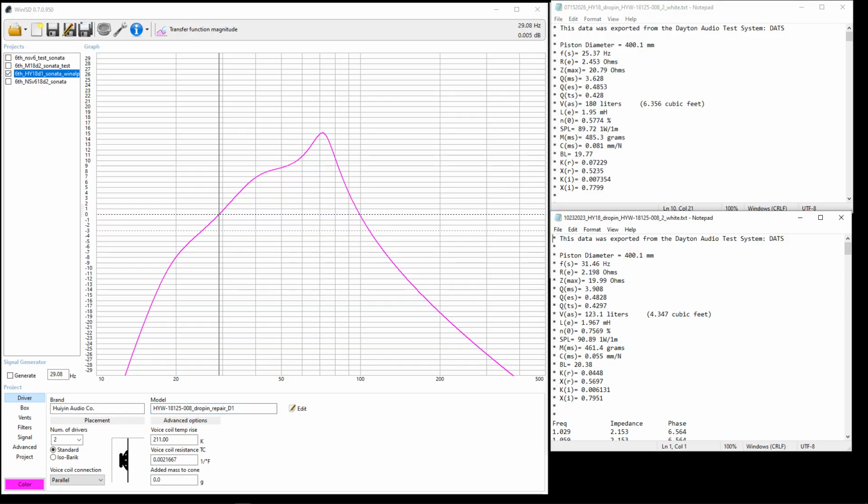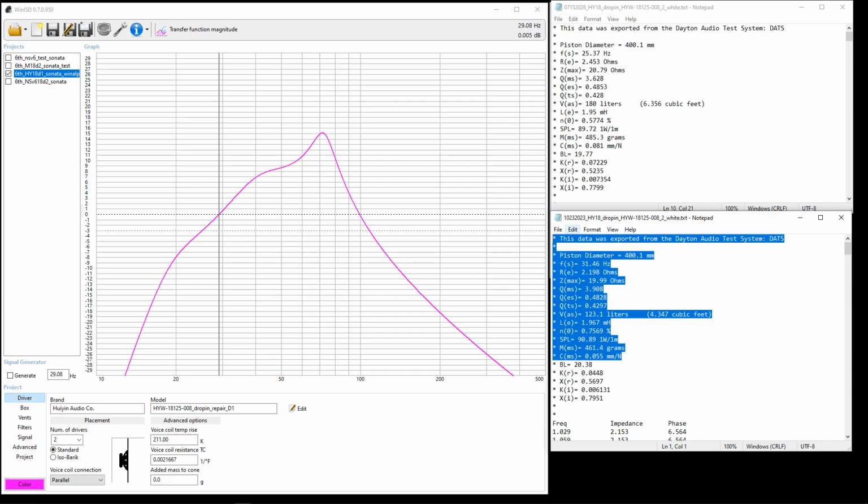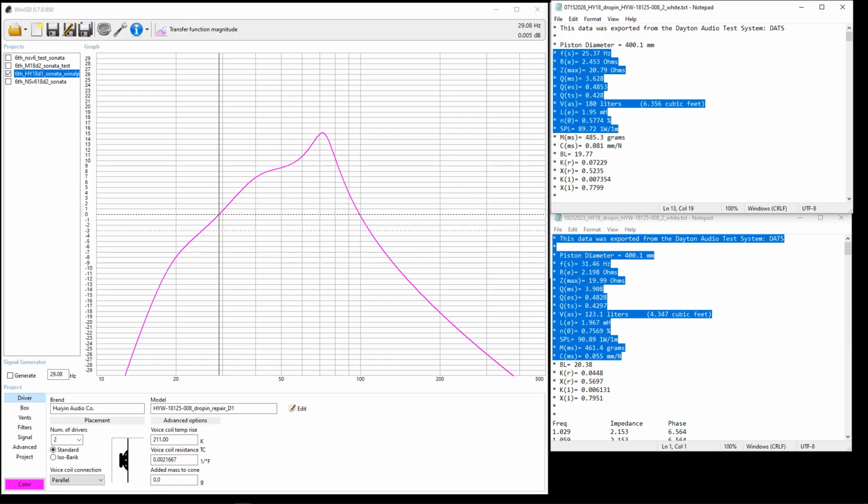Over here on the right is a set of TS parameters. They're dated. The file name is going to reference the date. What I have highlighted was about 3 years ago. The above parameters is literally 30 minutes ago.